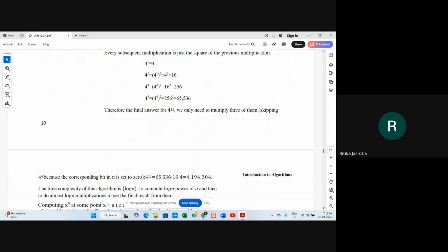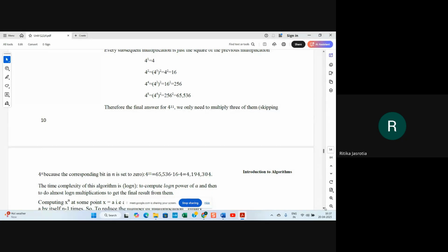So therefore, to find the answer for 4 to the power 11, we only need to multiply 3 of them, skipping 4 to the power 4 because the corresponding bit in n is set to 0. So for 4 to the power 11, this into 16 into 4 you are doing, and the value you will get is this, the final value.